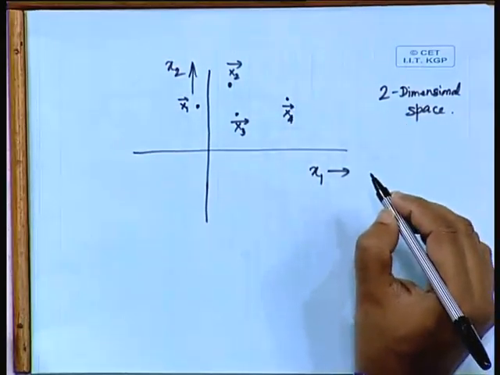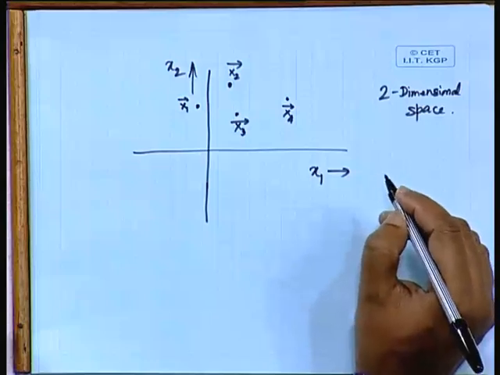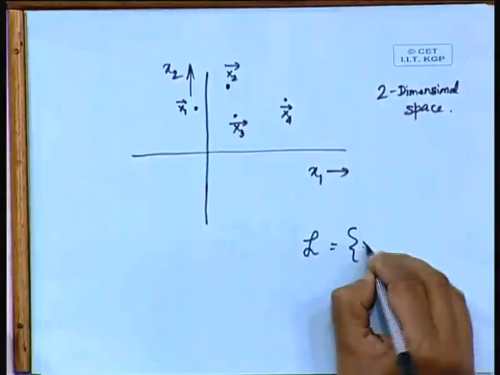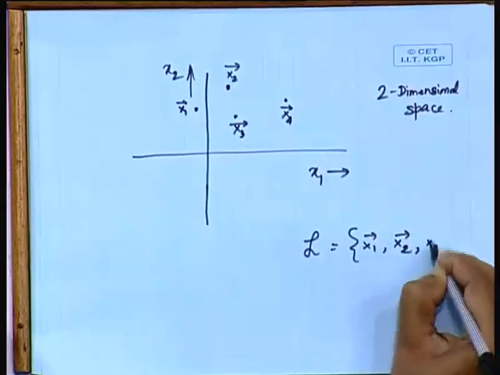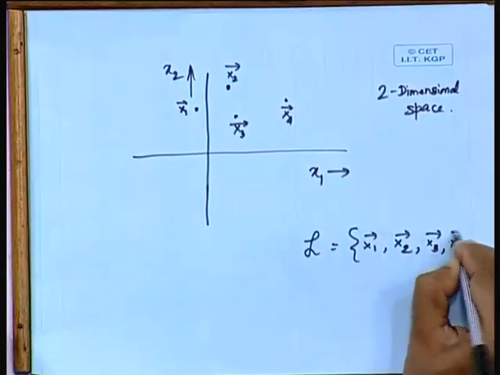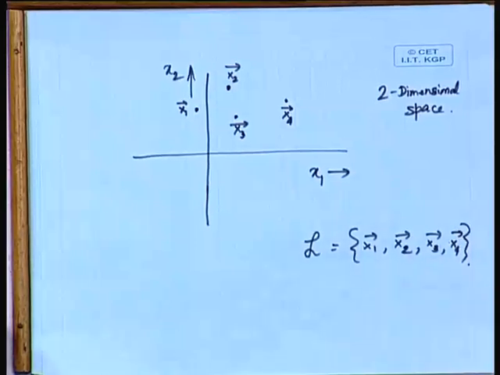So, I only picked up 4 such inputs. I have got an L set, and that L set contains the x1 vector, x2 vector, x3 vector, and x4 vector. Dichotomies we do not know yet.